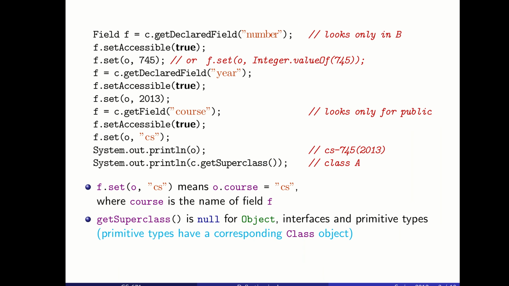We can also get a specific field like number to try to look up a particular field by name. There are lots of ways that we can take the actual name and try to look things up, and we'll see some more of those later. This means that we could allow users to examine details of our code or to do things like some of those libraries you may have seen that make Java programming easier for kids because they just ask, what would you like your thing to be called?